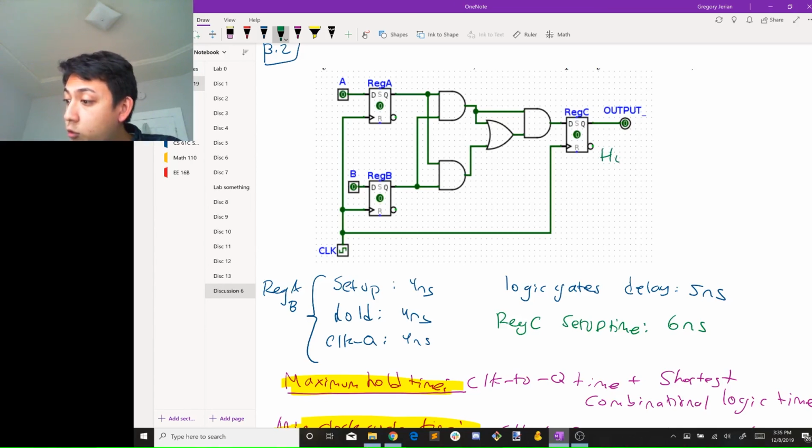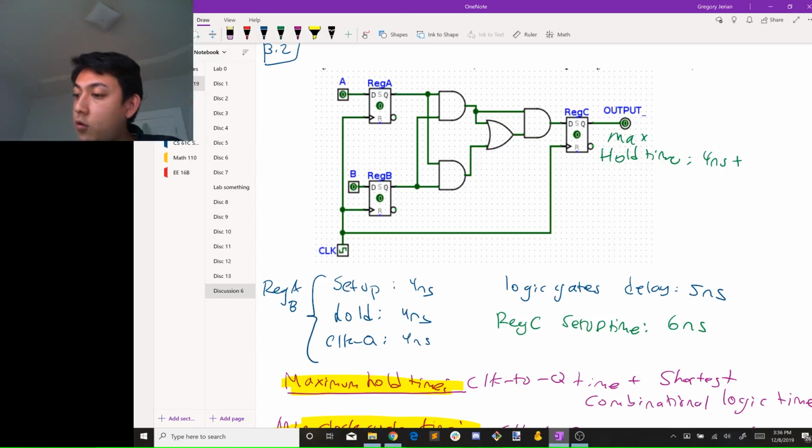So our max hold time is 4 nanoseconds plus the shortest combinational logic time. So what's the shortest combinational logic from register A or B to C? We know that all the logic gates take 5 nanoseconds. So this path right here takes 15 nanoseconds because it goes through 3 gates.